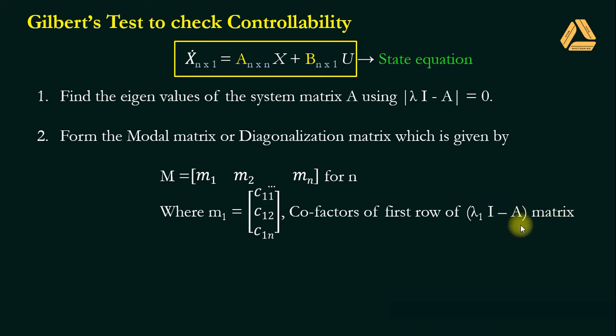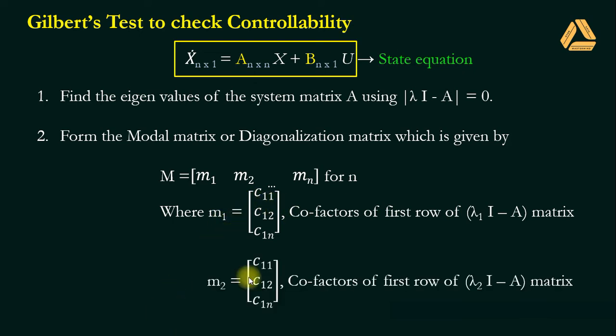It may be somewhat confusing, but when you solve the example problems, you will be very clear. You will get n eigenvalues, so take the first eigenvalue, form this matrix, and find the cofactors of its first row, which gives the M1 vector.